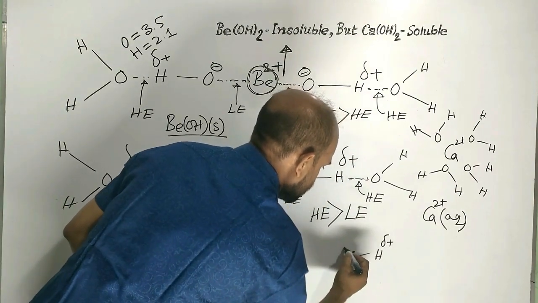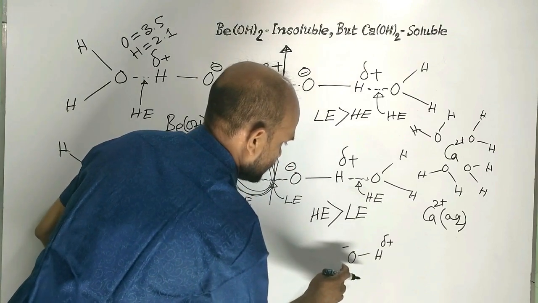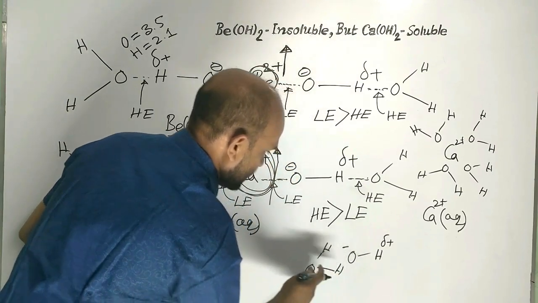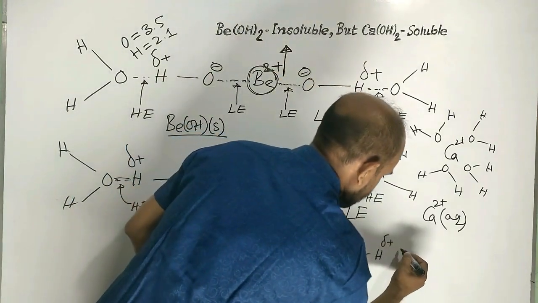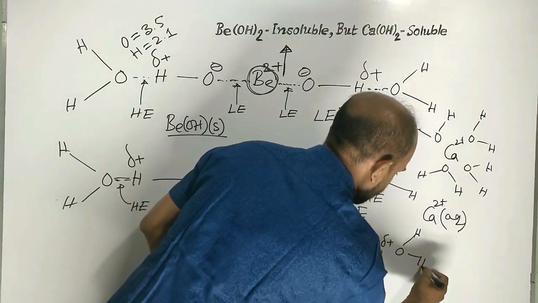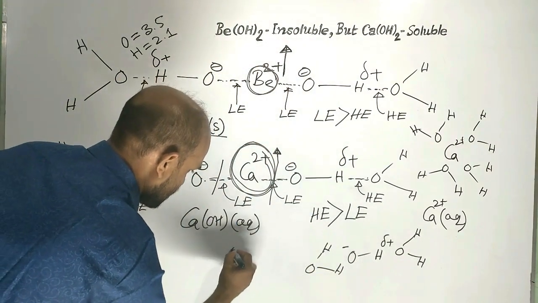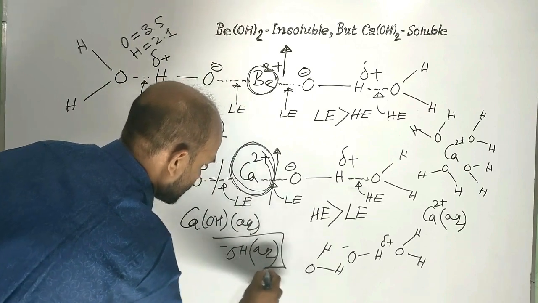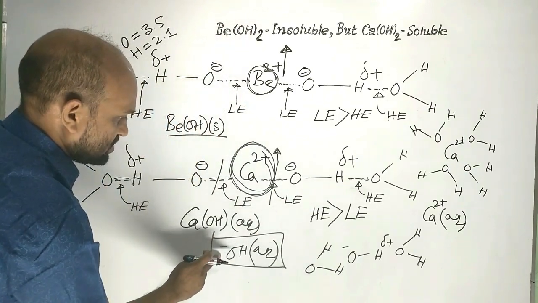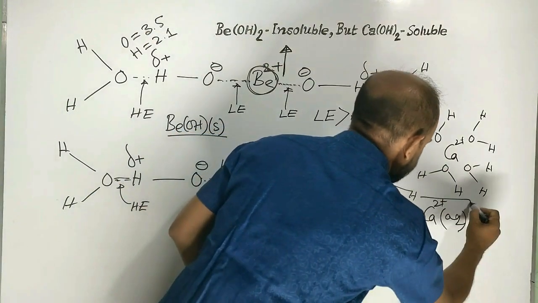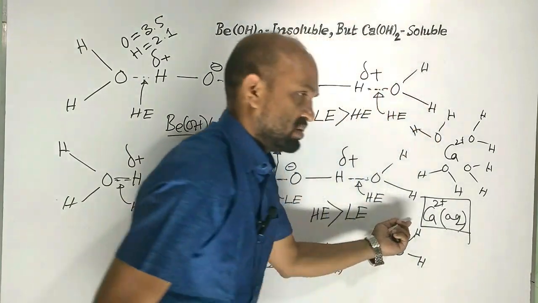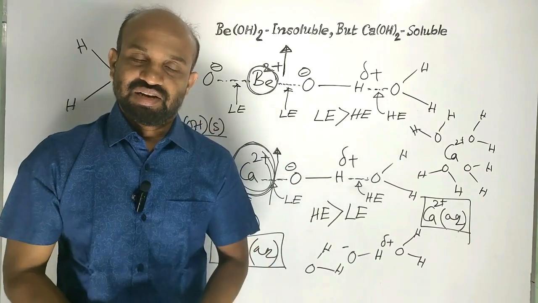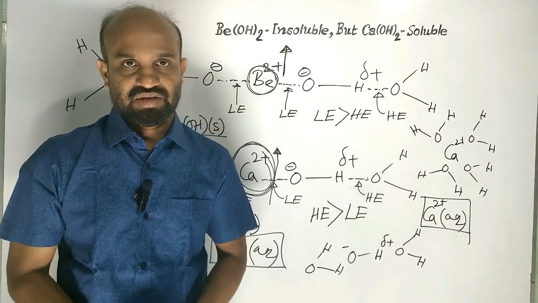Similarly, the hydroxide ion, where hydrogen is partially positive, is negatively charged overall. It is surrounded by the positive end of water. That is, hydroxide ion dissolves in water. Hydroxide ion dissolves in water, calcium ion dissolves in water, due to the difference in lattice energy and hydration energy.